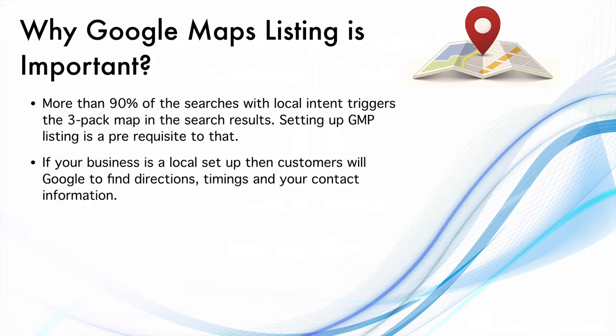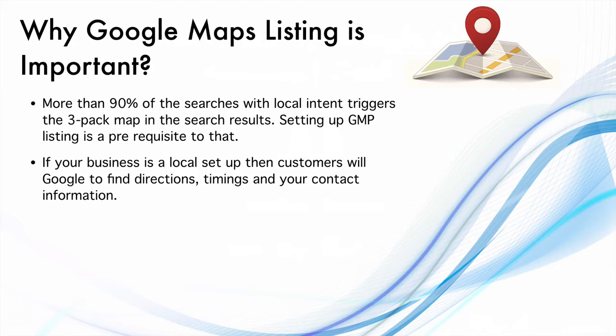So why is it so important to have a Google Maps listing and get everything right before we proceed to optimizing it for local SEO? The most important thing is that if your business is a local setup, then your customers will be Googling your business for directions, timings, and contact information.